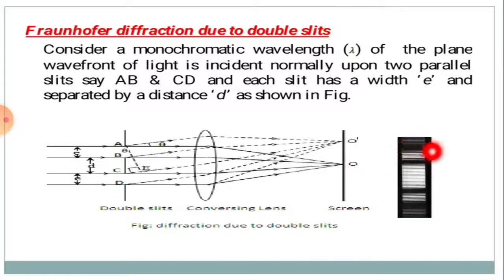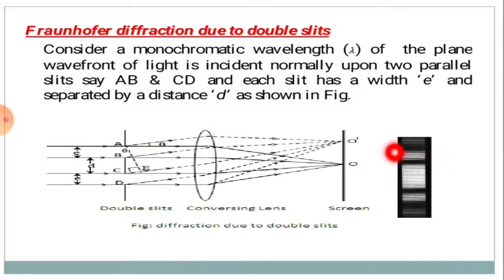Here we observe the resultant diffraction pattern on the screen. First we see the central maxima. It contains interference pattern also. In central maxima we will observe alternate bright and dark fringes called interference pattern. Now we will see the first order maxima on either side of central maxima, which also contain interference pattern.